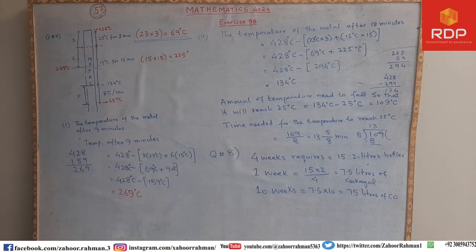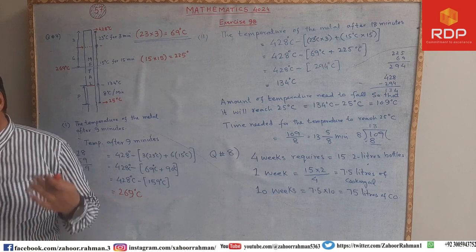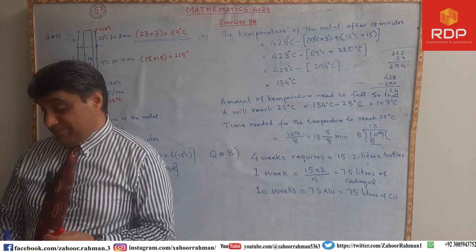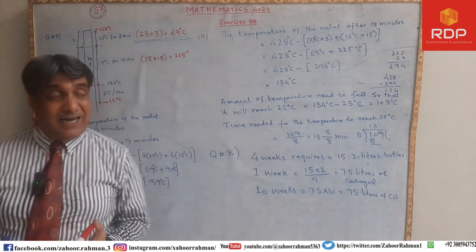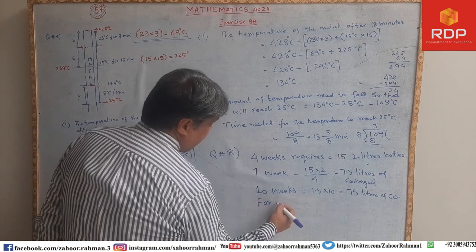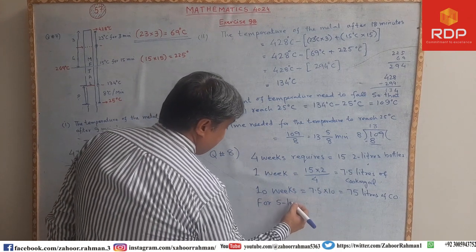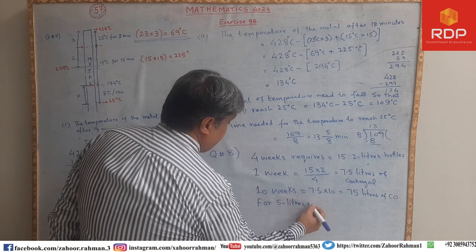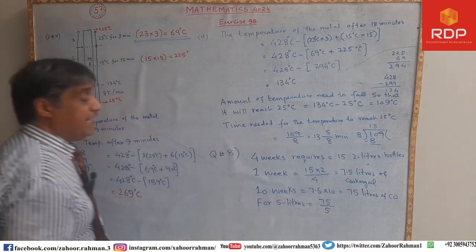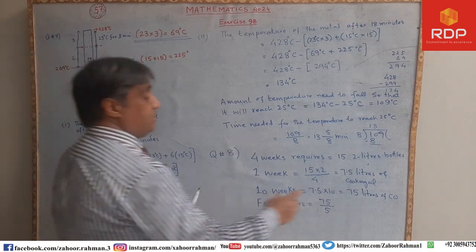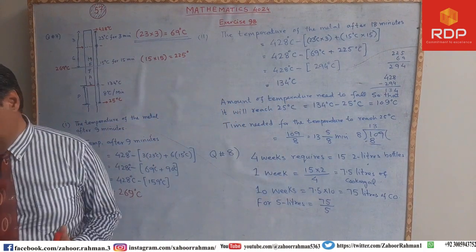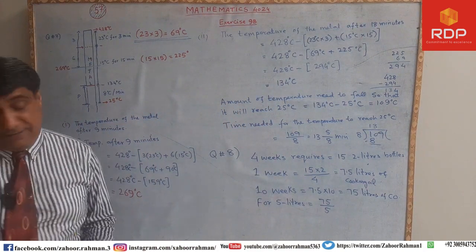Now for 5 liters, because he decided to take the 5 liter tins, it will require 75 divided by 5. 75 is the total liters, and 5 liters we have, so it will be 15.